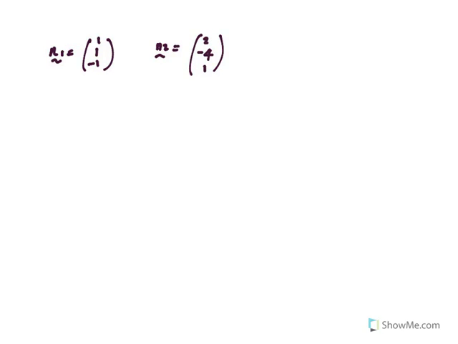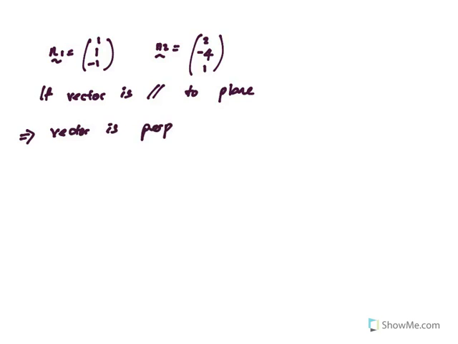Okay? When your vector is parallel to the plane, it means that it's perpendicular to the normal. I say again, if vector is parallel to the plane, this implies that your vector is perpendicular to the normal.